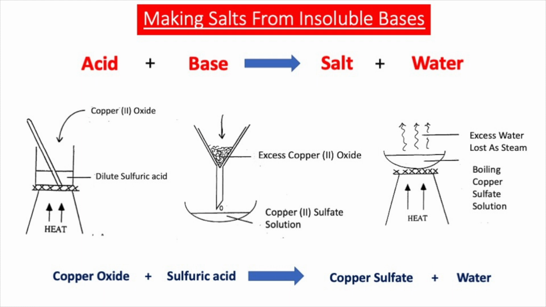If we take sulfuric acid and add an insoluble base, copper oxide, and warm the mixture, we can then filter off any unreacted copper oxide, and the soluble salt that forms, copper sulfate, can then be heated in an evaporating basin to remove the water to leave crystals of the soluble salt.